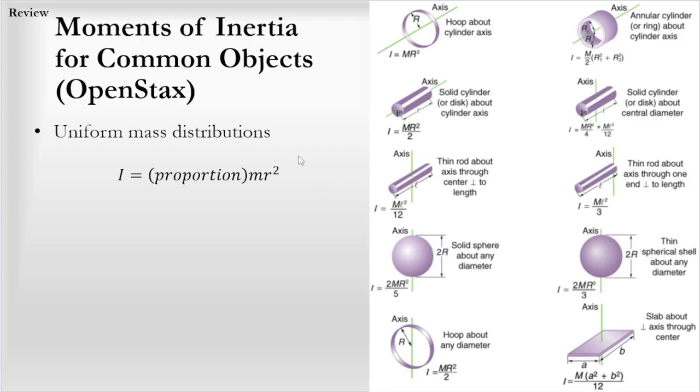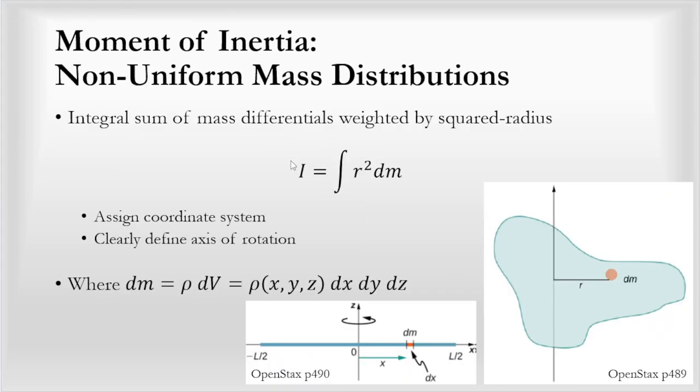But if we explore a little bit more in detail on complicated objects, and you may see my figure down here that I grabbed from OpenStax's University Physics Volume 1, we may have some odd-shaped object where there's some sort of weird mass distribution, whether that be because of the shape of the object or because of some density distribution.